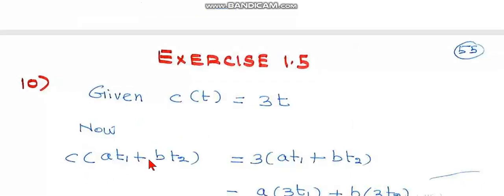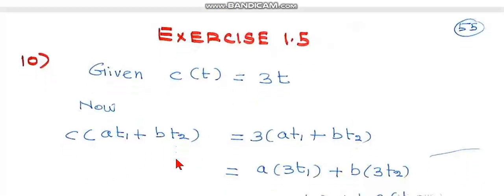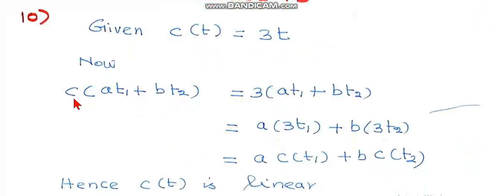You have to test whether this function C of t is linear. So we take C of at1 plus bt2. Now apply the rule for C. What is the rule for C? Multiply by 3. So 3 times (at1 plus bt2). Now we have to show that this is equal to a C of t1 plus b C of t2.